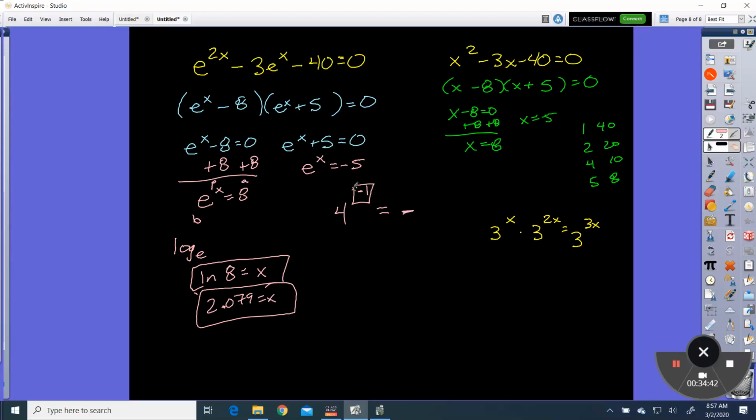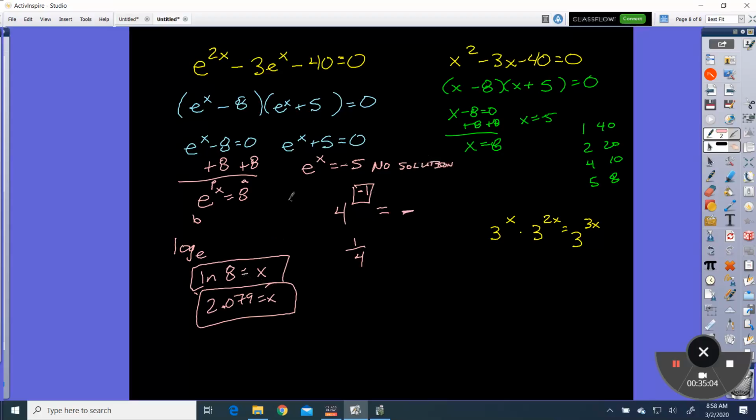What does that negative do to it? That makes it 1/4, right? Can I do anything with a power to make a positive number turn negative? No. So e to the x equals negative 5 is not possible. Okay? So the only one that works is this one.